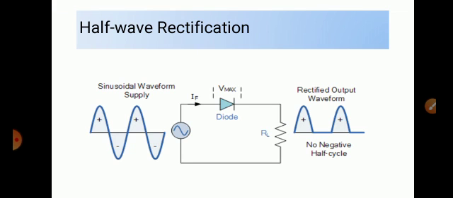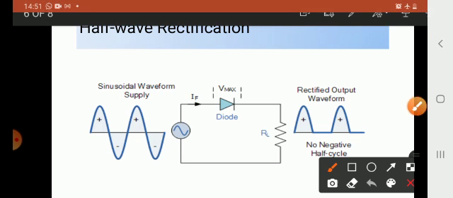But when the negative cycle comes, the diode will not allow the current to pass. When the positive cycle comes, positive will attach with positive and negative with negative, so it acts as a forward bias. But when the negative cycle comes, this side will become negative and that side will become positive. So in this case it acts as a reverse bias, so it acts as an insulator.